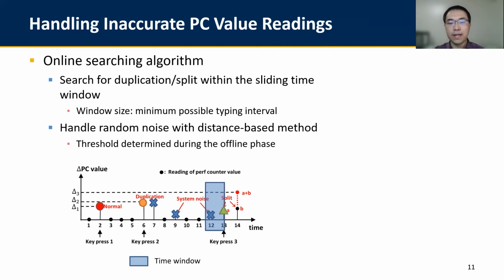Third, for the value at time 13, although it does not correspond to any pre-recorded value, we further seek to see if there are any other PC value changes within the time window. If so, we can combine these values and verify if the corresponding value is a value split. In this case, the sum of values at time 13 and time 14 reflects a valid key press.